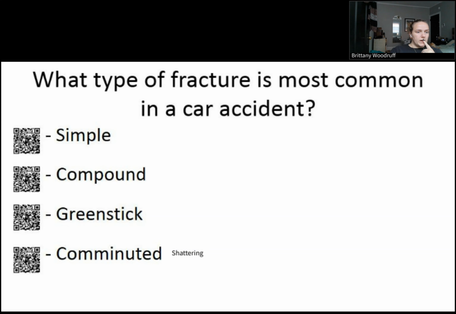With a simple fracture, I think of it as snapping a chopstick, right? Bone remains aligned. Tissue intact. Okay. Compound fractures. What do you see with compound fractures?